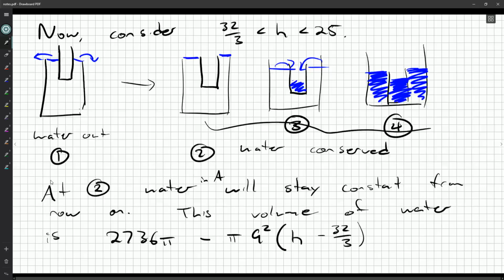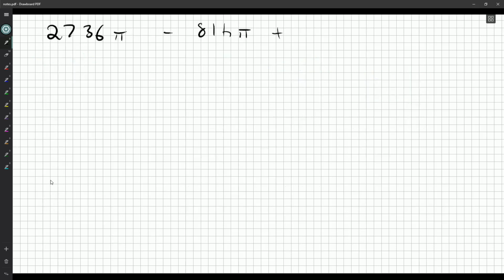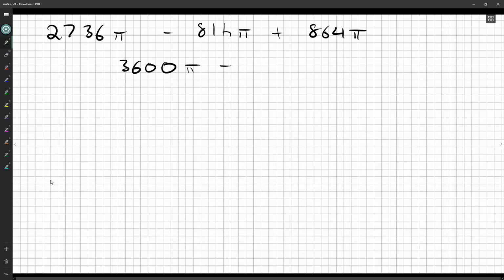And I guess we just sort of get a nice little formula in terms of H. So 2736 pi minus 81 H pi plus, right, because it's minus minus, and then the 32 over 3 times 81, or 864 that we've had before. So plus 864 pi. And so this would simplify to 360 pi minus 81 H pi. So that's how much water is left at this point.